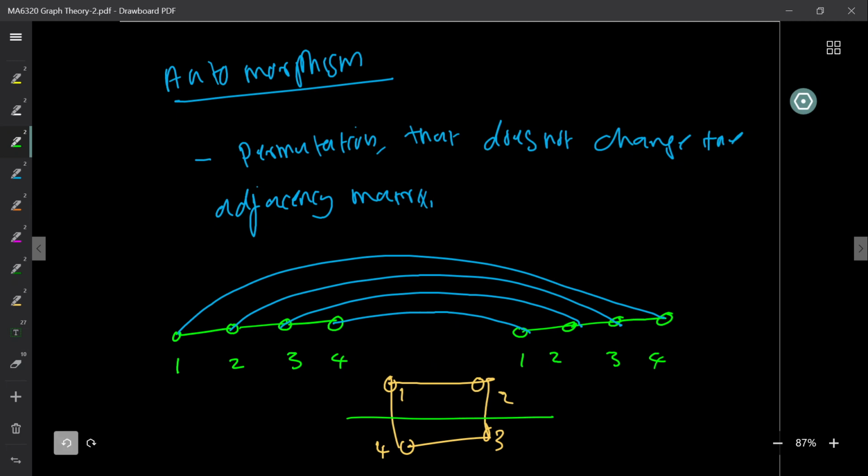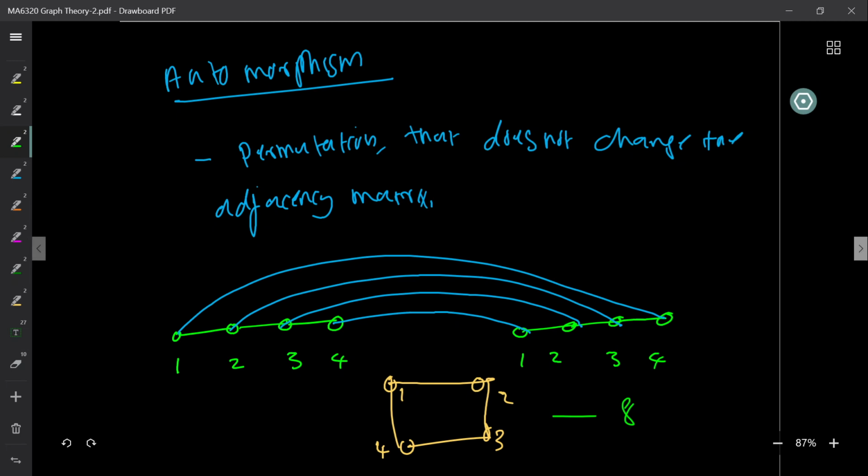Any of these reflections basically keep the cycle itself. Therefore, each of these permutations is an isomorphism. So you can see that with all the rotations and reflections, there are 8 such permutations, and each of these 8 permutations forms an automorphism. Again, that forms a group which is called the automorphism group.